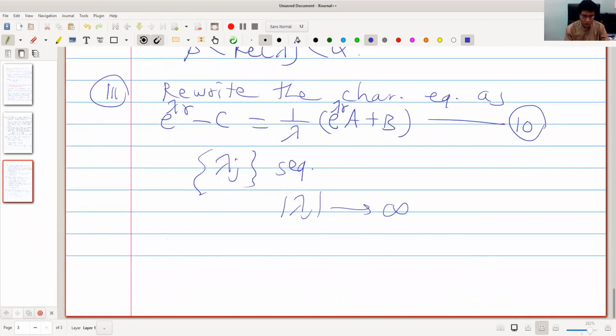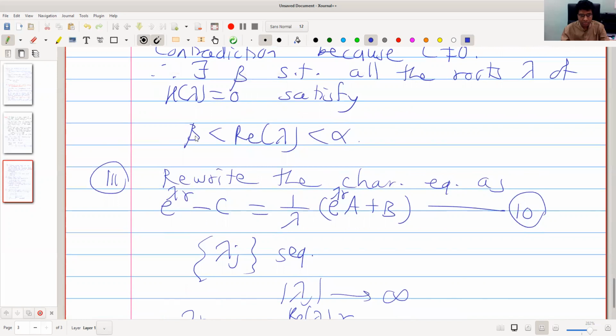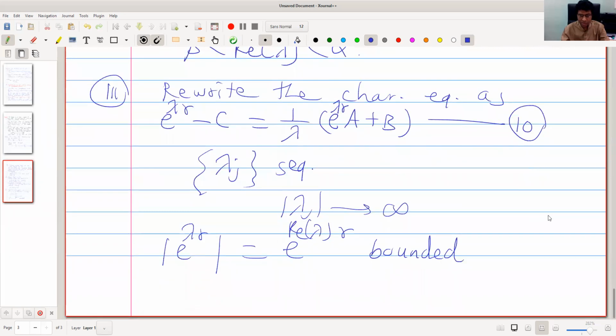What is mod of e raised to lambda r? In this case, it is e raised to real part of lambda into r. So this is bounded. This cannot be unbounded because the real part is between beta and alpha. So this is in fact less than e raised to alpha r.